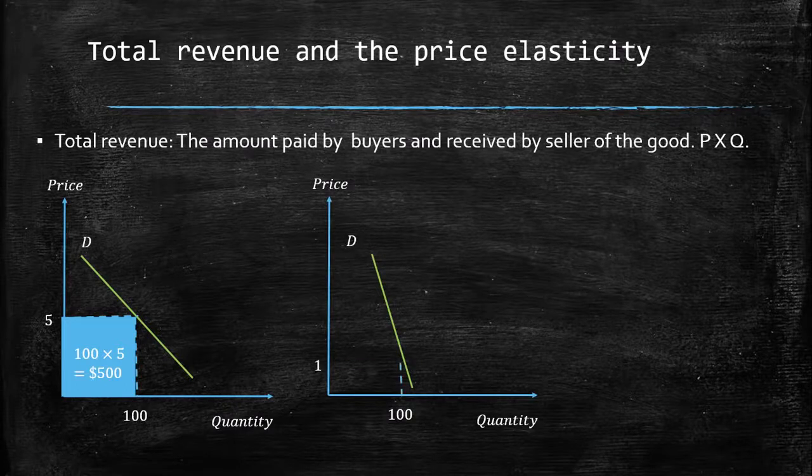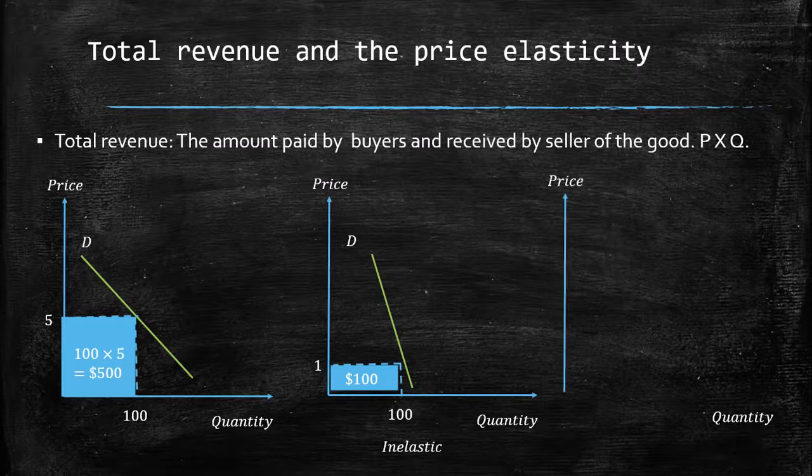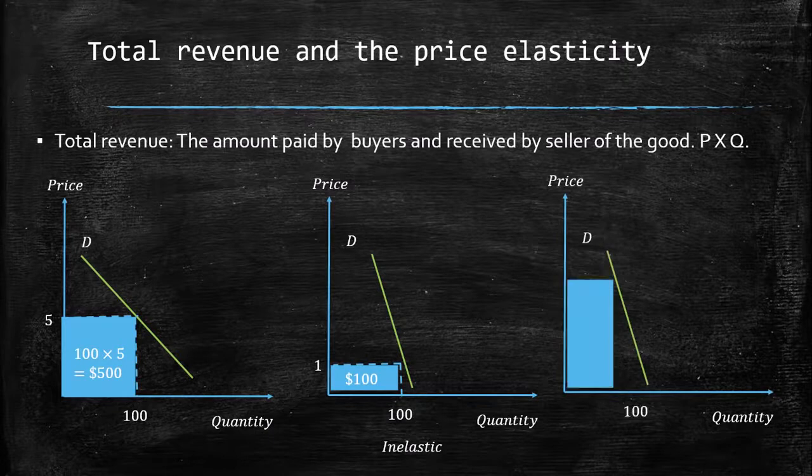Imagine we have here at the price of 1 the revenue of 100, which is 100 times 1. Imagine that there is an increase in the price, and now instead of 100, I will sell 80, but at the price of 3.